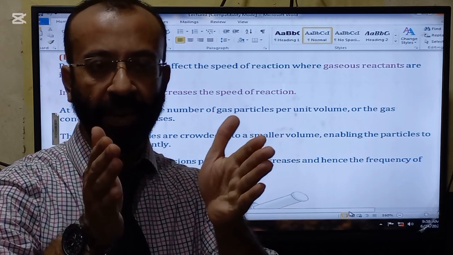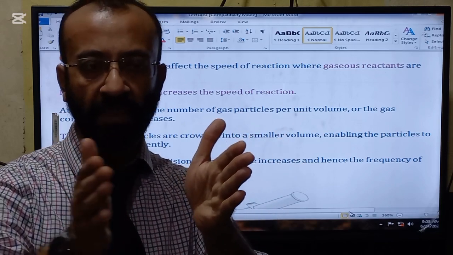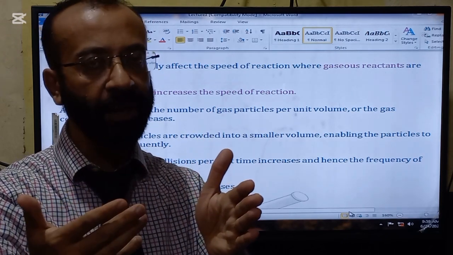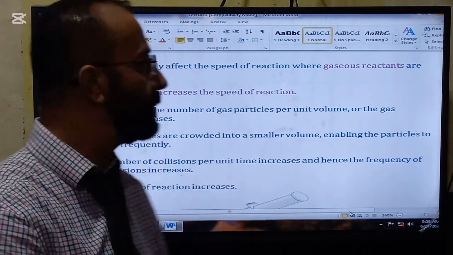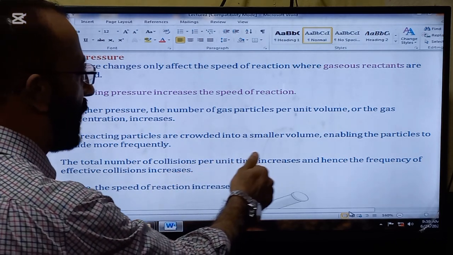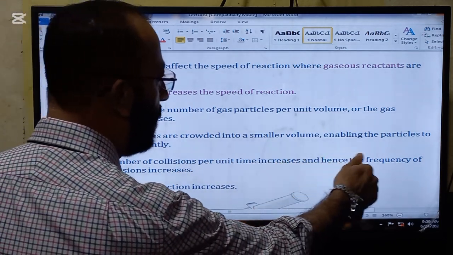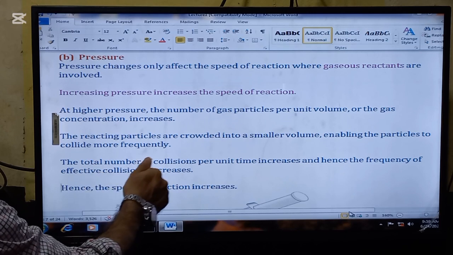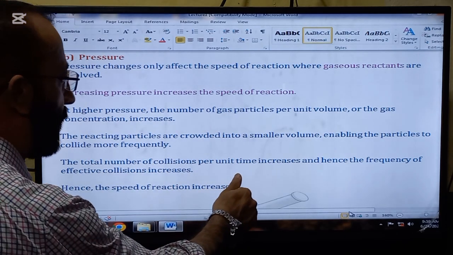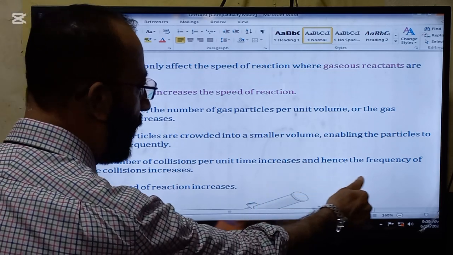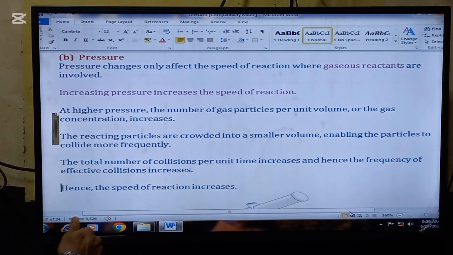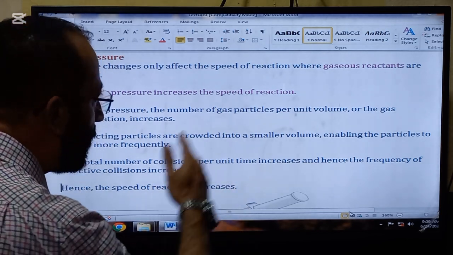Now the reactant particles will come closer, more frequent collisions will occur, and the rate of the chemical reaction will be increased. So this is the story. The reacting particles are crowded into a smaller volume, enabling the particles to collide more frequently. The total number of collisions per unit time increases, and hence the frequency of effective collisions increases. Hence the speed of the reaction increases. So this is the story.